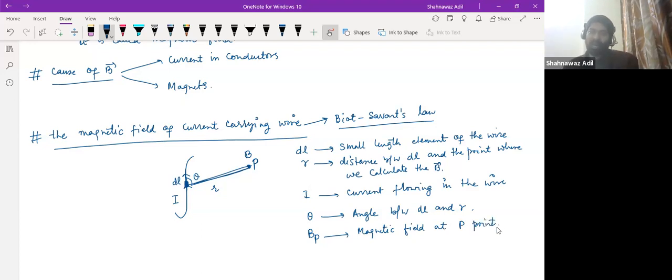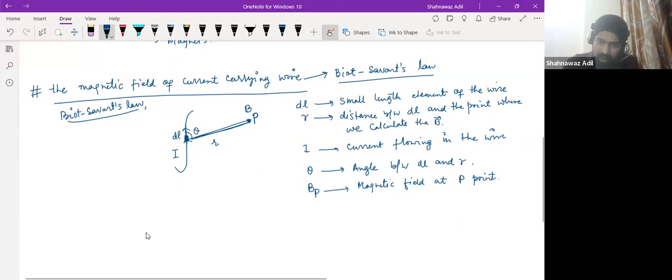So what does Biot-Savart's law state? It states that the small magnetic field at this point P is directly proportional to the current. This is dB, the differential operator; dB is the small magnetic field, which I can write as delta B as well.